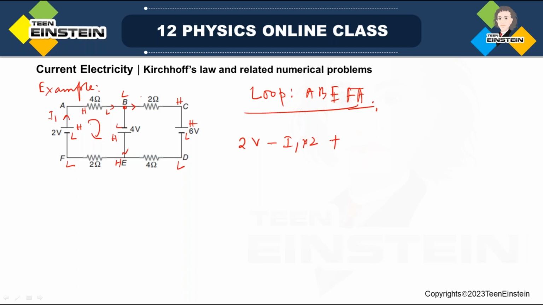Then this is positive for voltage, and this one I'm going from high to low. This will be I1 this way, and when I2, one part, is going this way, another part must be here. So I3 is passing through this way.